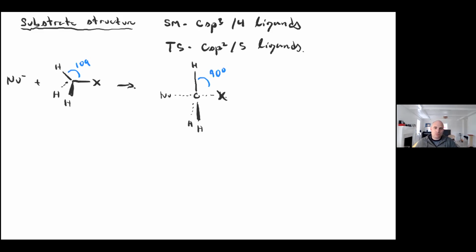The bond angles between the hydrogens themselves, between 2 hydrogens, obviously get bigger. They're now 120 degrees, but I have this compression on the side of the leaving group where I'm pushing those hydrogens closer. And they're also starting to come into proximity of the nucleophile.